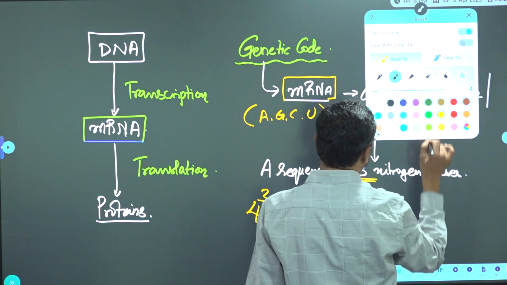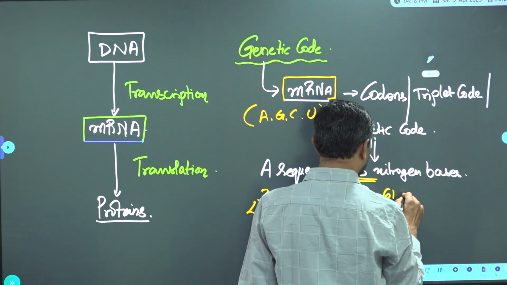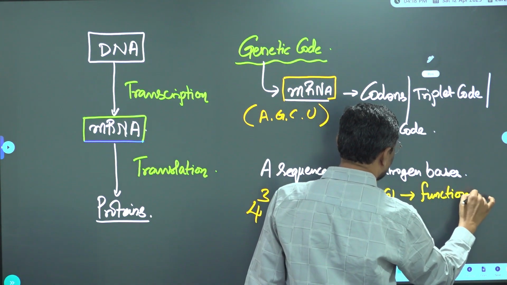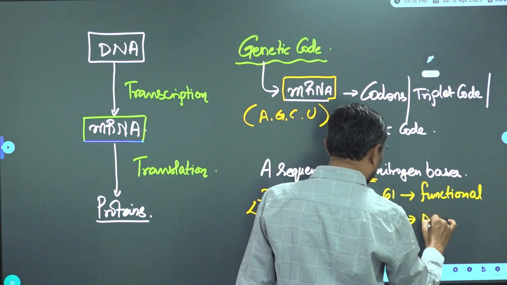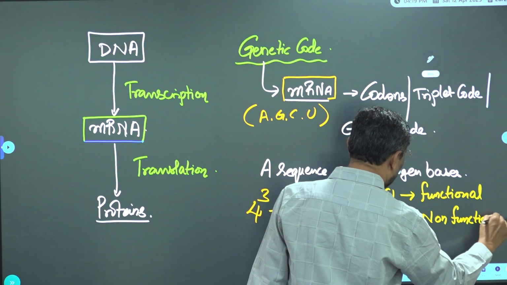Among these 64 codons, 61 codons are functional, and 3 codons are non-functional.